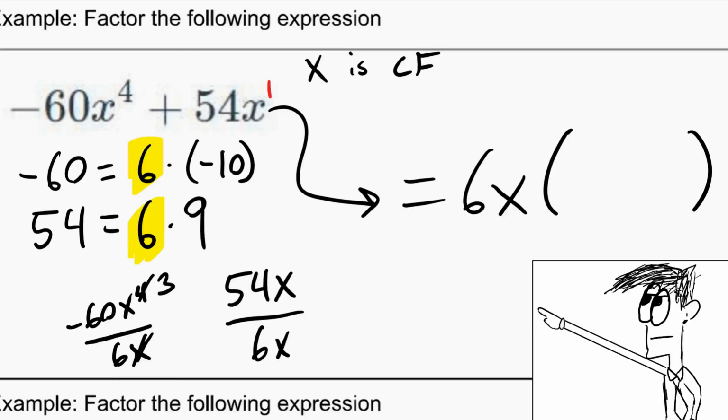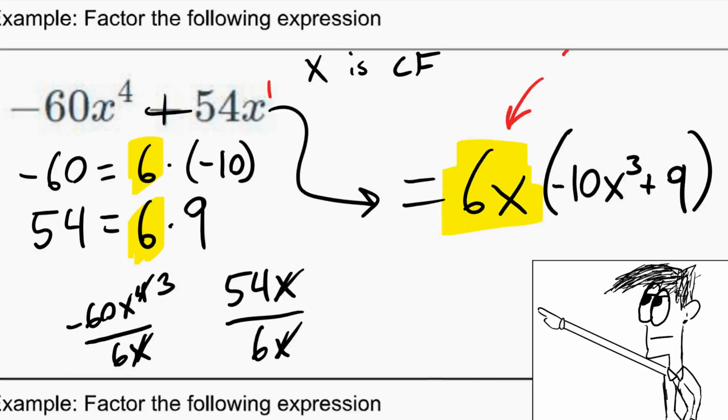So I have negative 10x cubed. And then in my next term, these x's will cancel. 54 divided by 6 is just 9, and since there's a plus sign here, it'll be plus 9. So once again, I found that the greatest common factor here is 6x.